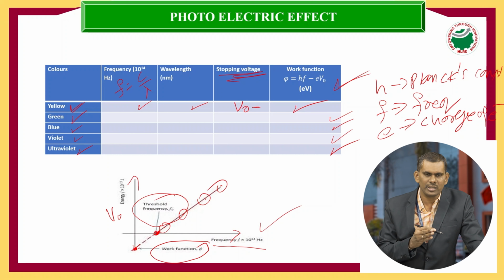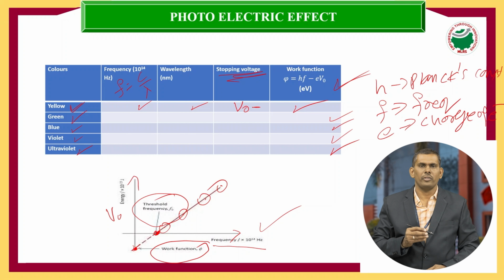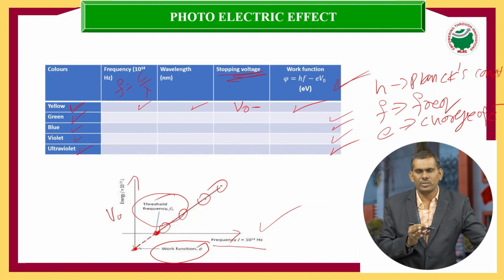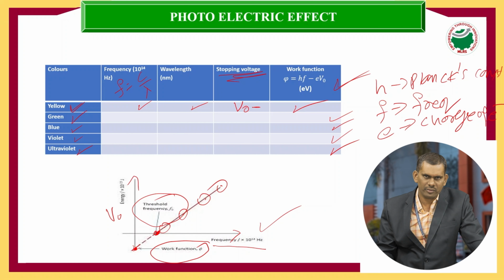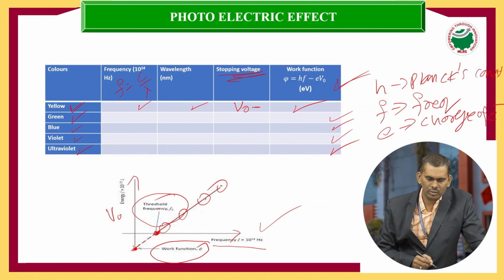When you keep on increasing the frequency incident on the metal surface, only at a particular frequency can you observe the ejection of electrons from the metal surface, right? That particular frequency from where the ejection of electrons takes place is called the threshold frequency. That threshold frequency value also you can find out from the graph here.